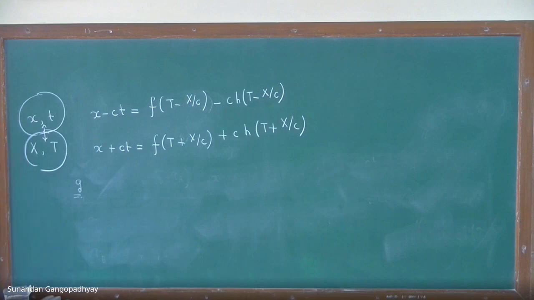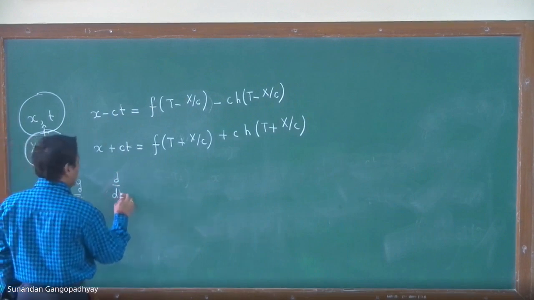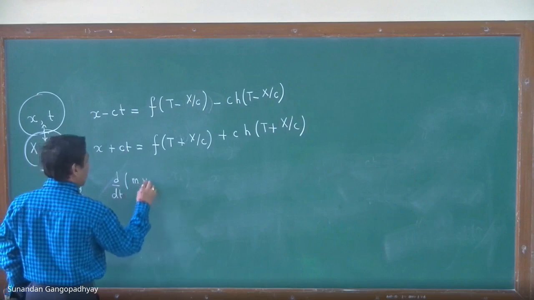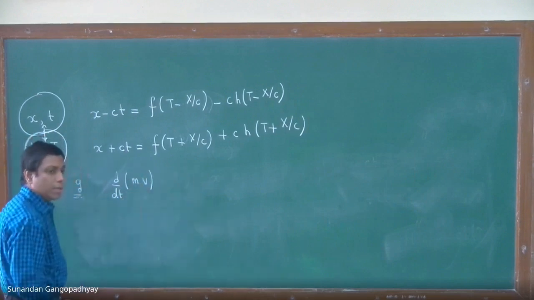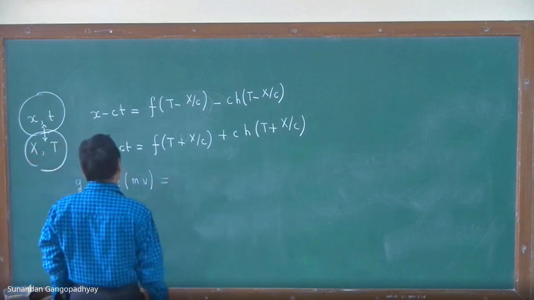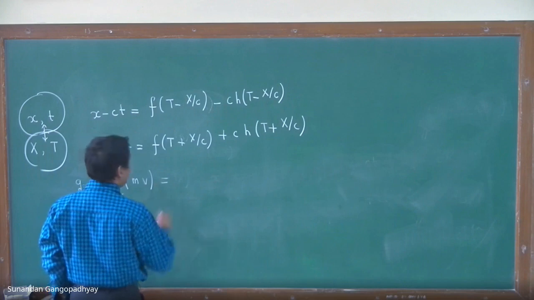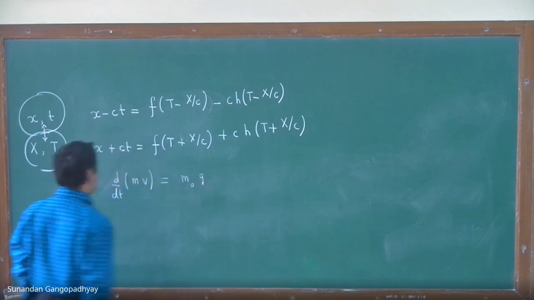And we wrote down the equation of motion. The equation of motion you can write down immediately. It is d/dt of mv. So it is only moving along the x direction, so you don't need to put a vector sign. It's a velocity v along the x direction. So d/dt of mv is equal to g.